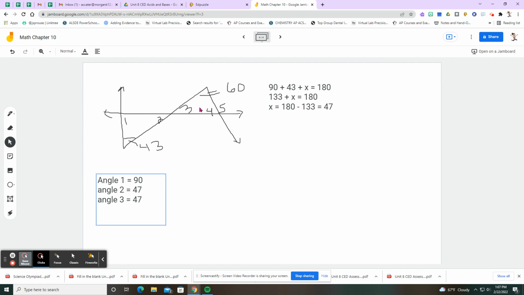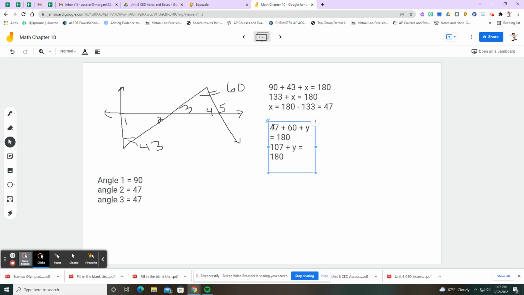So if I know angle 3 is 47 and I know this angle up here is 60, I can say that 47 plus 60 plus y, which would be angle number 4, all those three have to add up to 180 degrees. So 47 and 60 is 107.